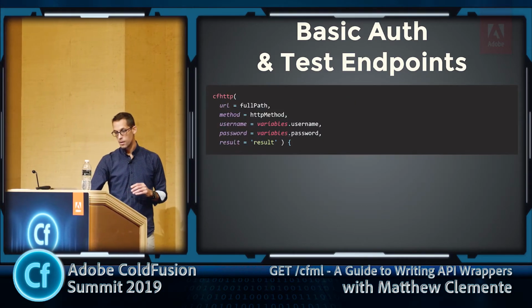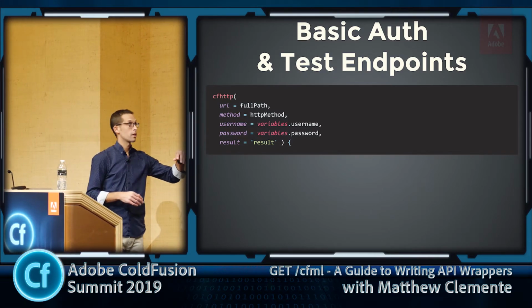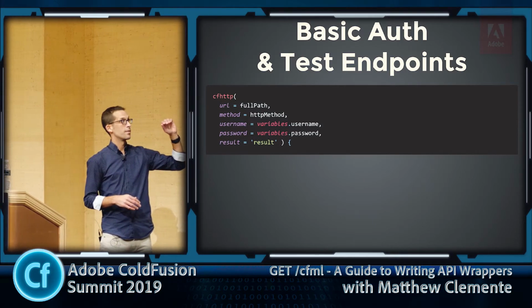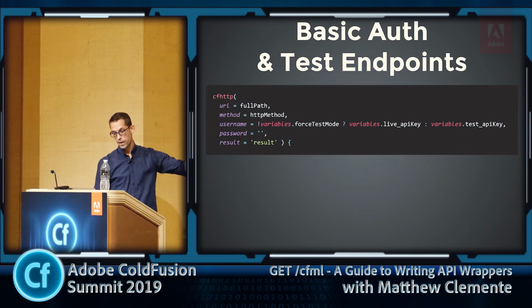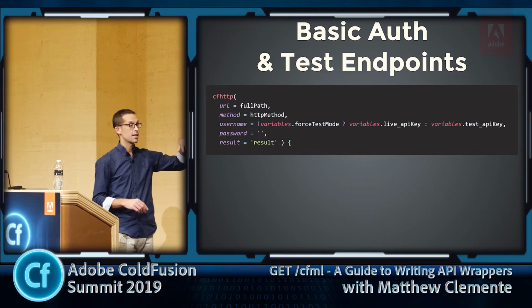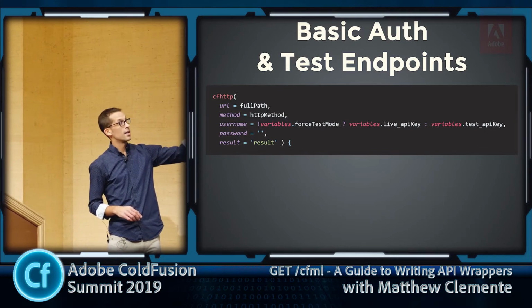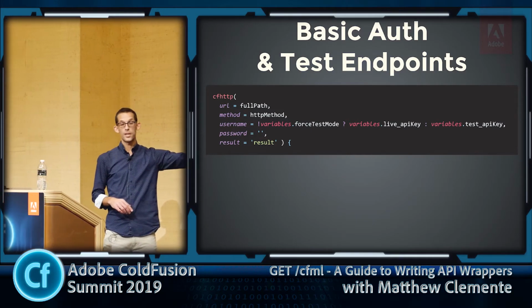We can take a look at how that's implemented. Since we're doing basic auth, we're going to go in there and look at the CF HTTP request. We've got username. This is how it gets spun up normally, but we're going to do it for the Lob API. So for Lob, password blank, because that's how they're doing basic auth. And for the username, I say, if force test mode is not true, we're going to put the live key in.